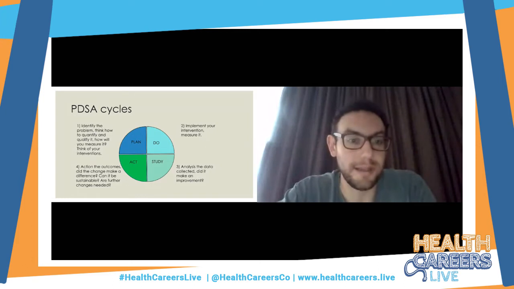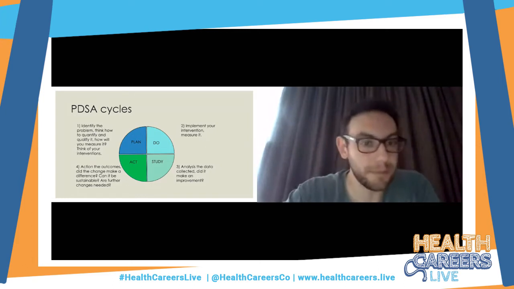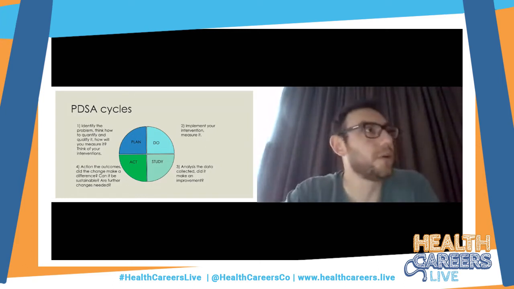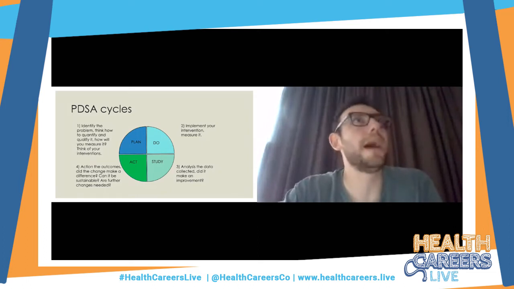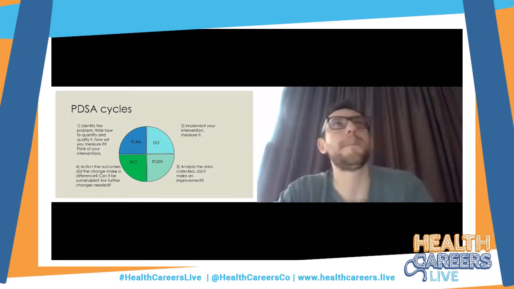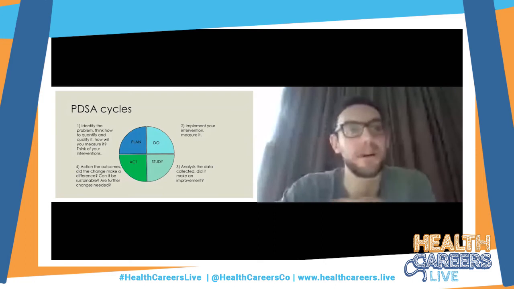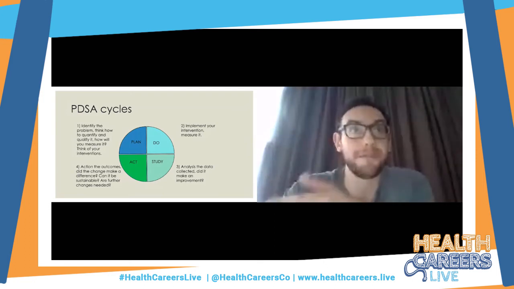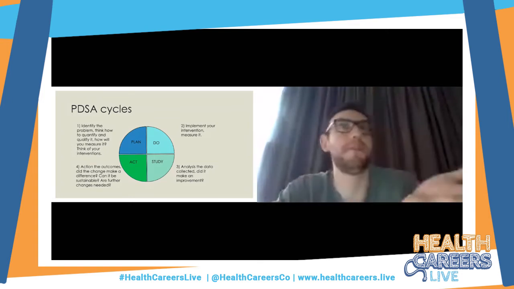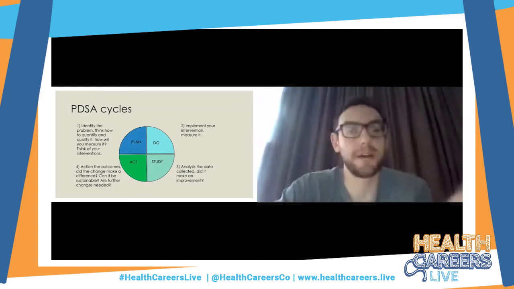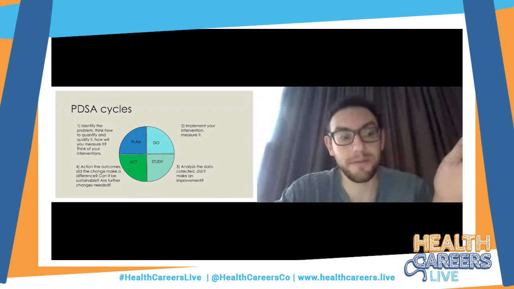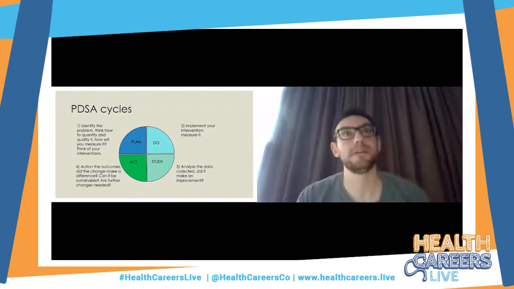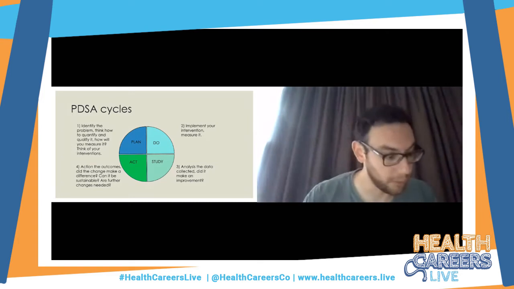So you want to study the outcome, and then you implement your second cycle. So for all QI projects, the baseline, as it were, is you want to implement 2 cycles. And it doesn't have to be that there's an improvement. It could have been a failure, but it's something that you've tried. So it's an intervention one way or another. You want 2 cycles to at least complete it.